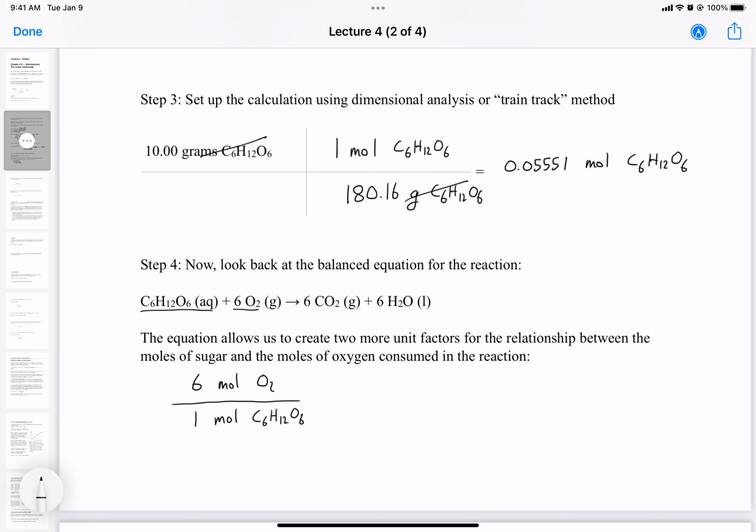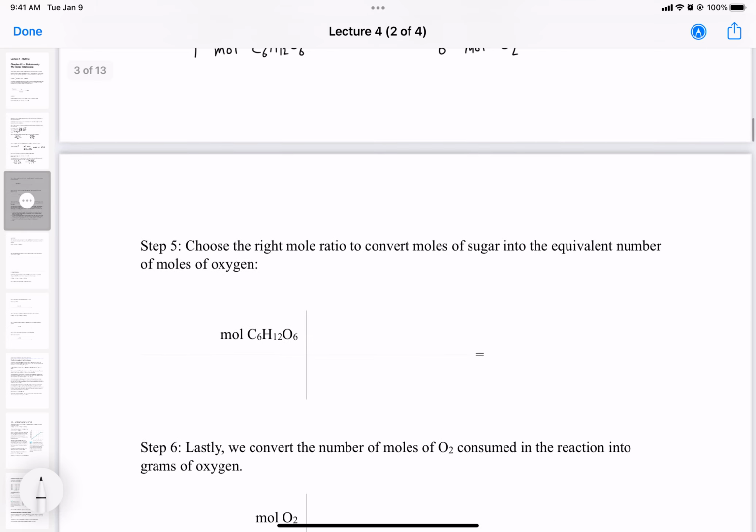If instead we started with oxygen and we want to figure out how much glucose we would need to digest, we would do 1 mole C6H12O6 per 6 moles of oxygen. Like that. Okay. Now let's fill out this table here. We have the moles of glucose.